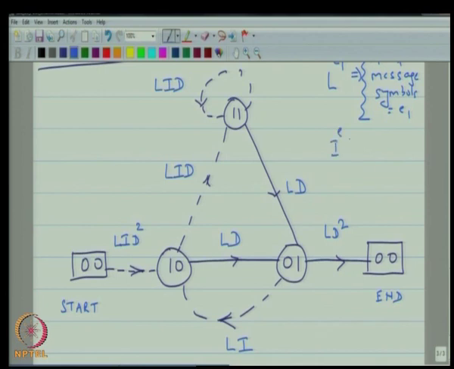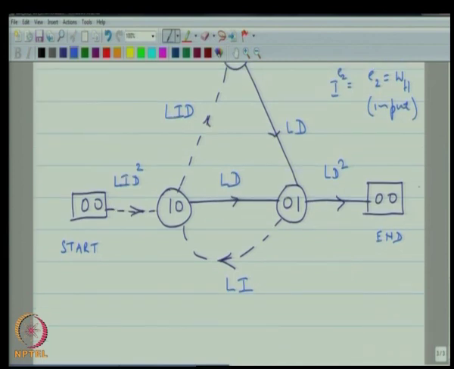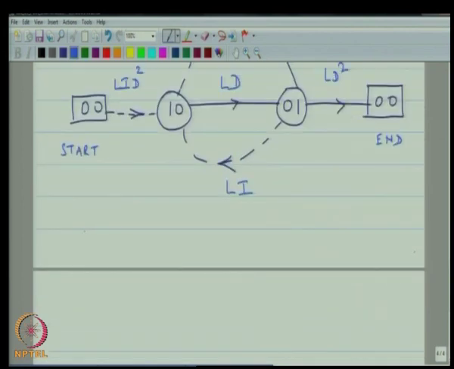I to the E2, so E2 is the Hamming weight of the input, and the exponent of D, so if I have D to the E3, then E3 is the Hamming weight of the output.